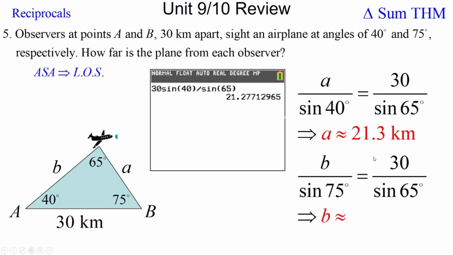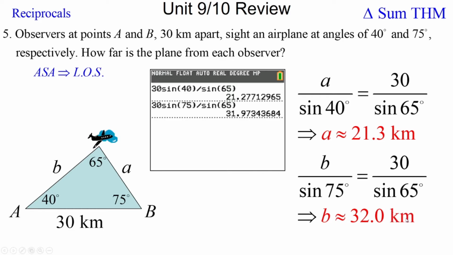So B is 30 sine of 75 divided by sine of 65. And this one, to 3 sig digs, I'm getting, well, that 9 would go to a 0. So is that 32.0? 32.0, and 32.0 what? Kilometers.